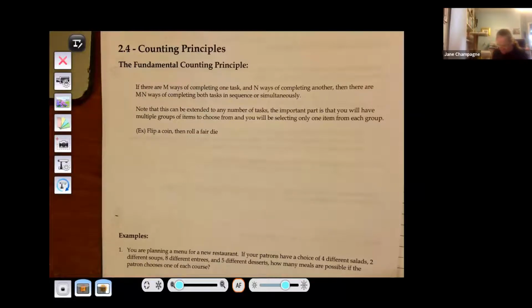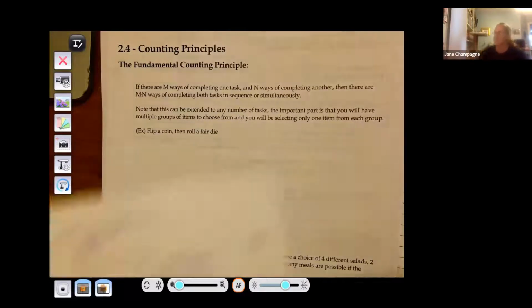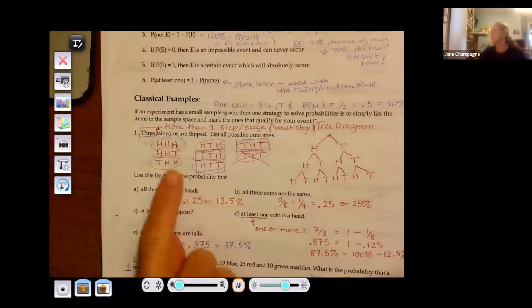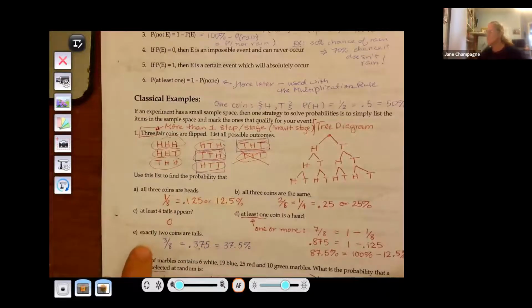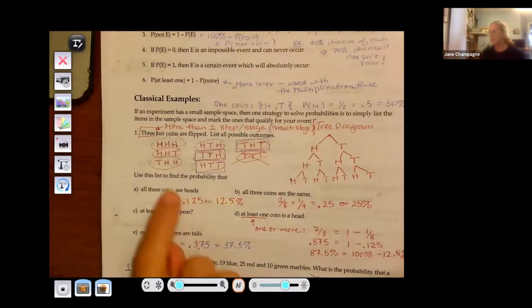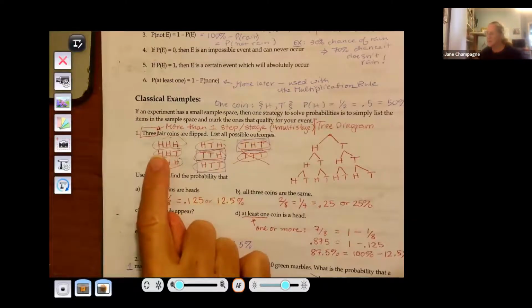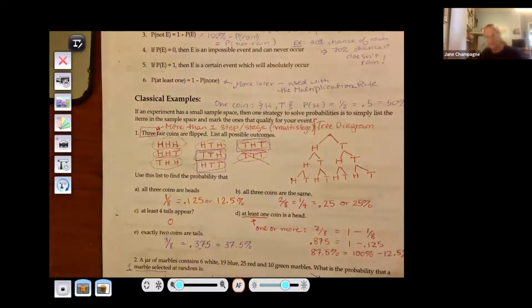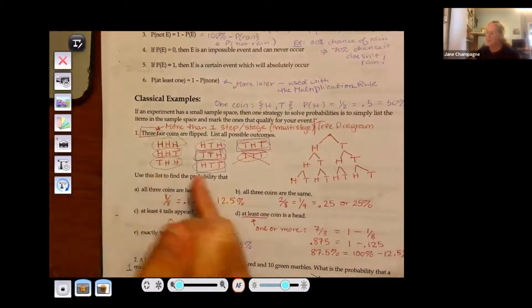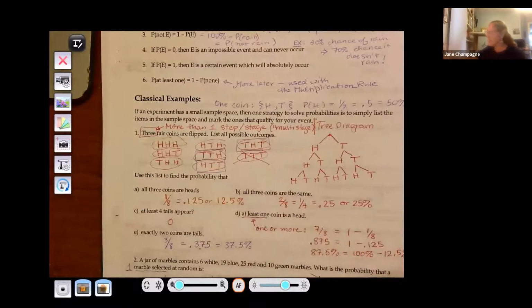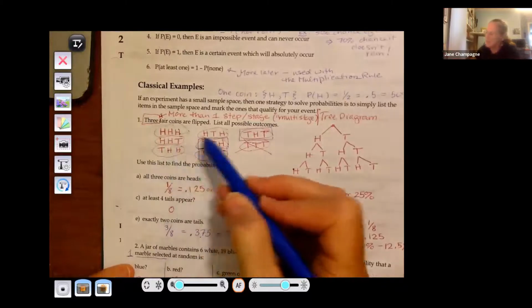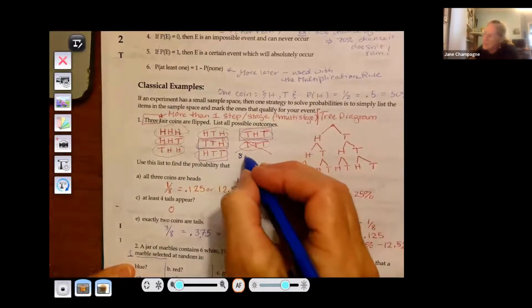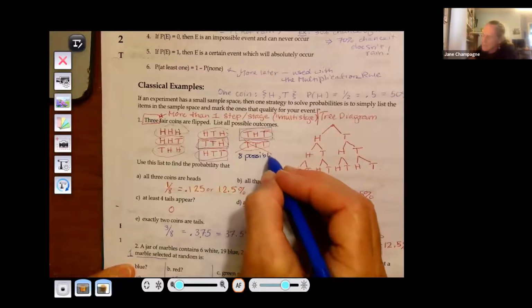Let's see, where was that? That was on page 39 under classical examples. Tossing 3 coins, which is really a multi-stage experiment, and the idea that there's 2 options, heads and tails, for each coin. If you look at how many sequences we got there, we got 8 sequences, right? 1, 2, 3, 4, 5, 6, 7, 8. So there's 8 possible sequences.